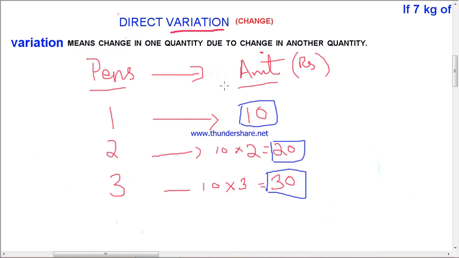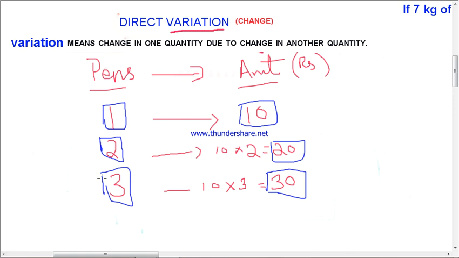Why is it changing? Because there is a change in another quantity. 1 is changing to 2, and then 2 is changing to 3. So by this we have understood the meaning of variation. This is the example of variation: change in one quantity due to change in another quantity.